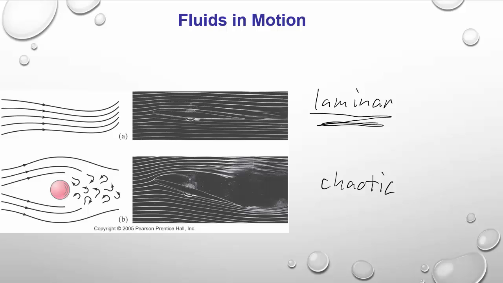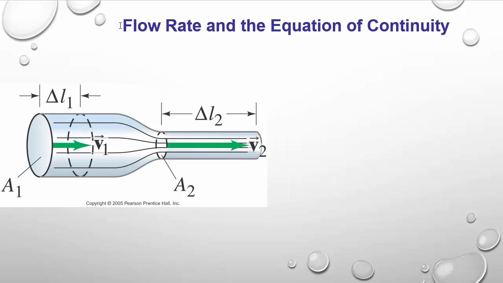So the first equation we're going to look at is called the equation of continuity. Where this comes from is, if I have a fluid flowing through this pipe, so you can just imagine water going through a pipe in your sprinkler system or your house, and we have laminar flow, that means everything is going smoothly. If we look at how much water is flowing through this part of the pipe compared to this part of the pipe, they have to be equal, because if more water was coming here than was leaving here, then you would build up and you'd get a bulge in your pipe.